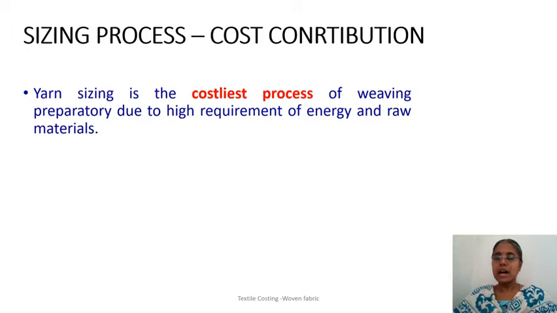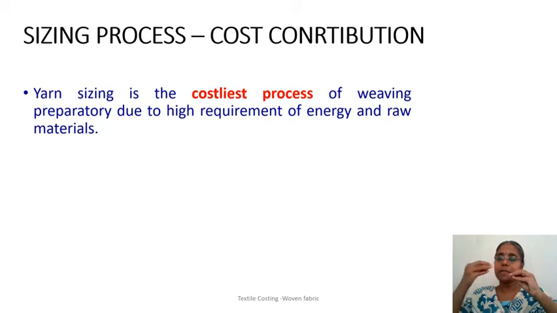But this yarn sizing process is a very costly process in the total preparatory, because of the high energy requirements. The energy is required for drying and for the preparation of the size paste. The size paste is in a liquid form, and when it is applied, you have to evaporate the unwanted moisture that is there on the yarn, and the size paste has to remain.